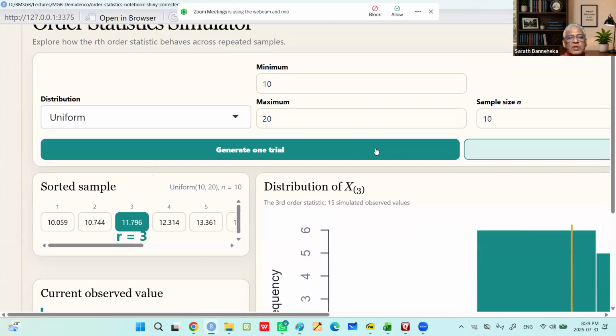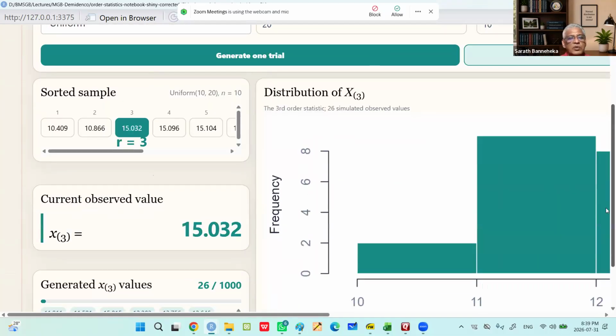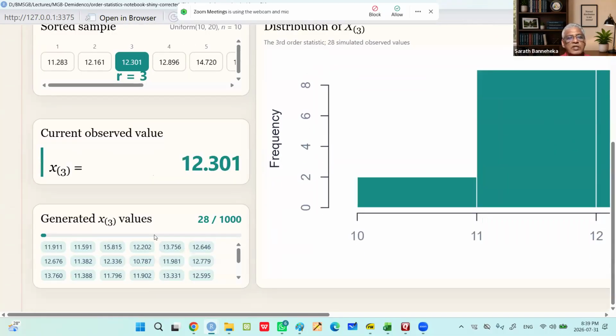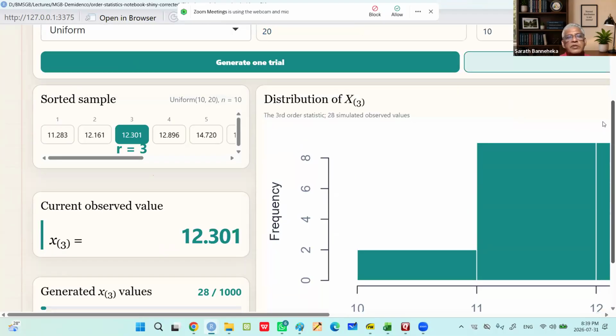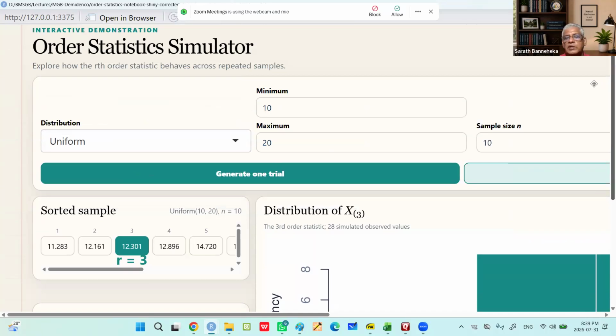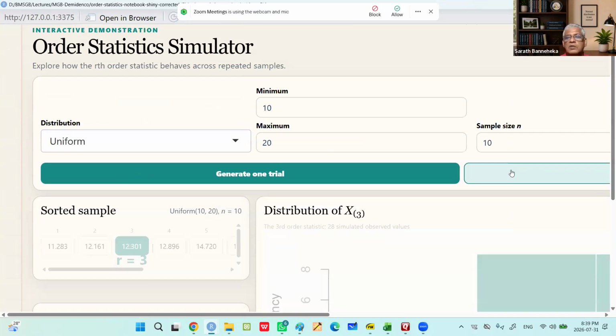So I can generate data like this. I have now 28 values. These are all possible values for the third order statistic. So let me generate automatically up to 1000 values.